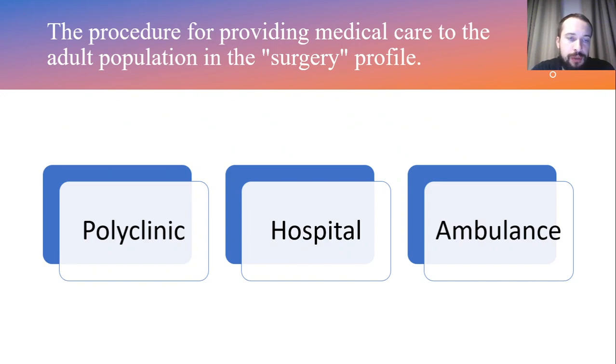It's the type when we go to polyclinic. Hospital. At what moment do we need to go to hospital? It is the pain inside the abdomen. All pain in abdomen, you need to go to hospital, and you can do it in ambulance. What else?